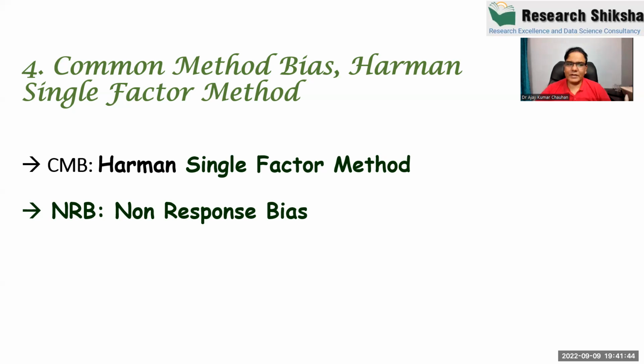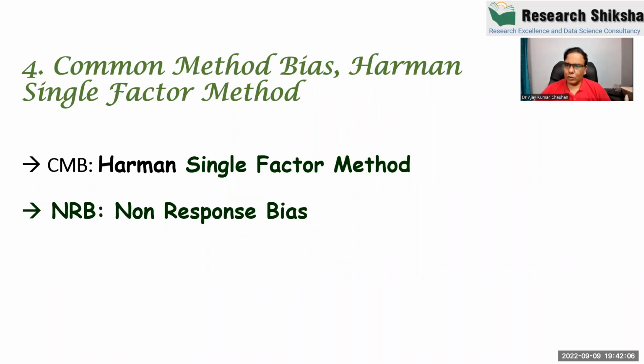Bias can be examined by the Harman single factor method. It is measured in SPSS, and it is also measured in AMOS, which we are not doing today. But the single factor method in SPSS, I will show you how to calculate.